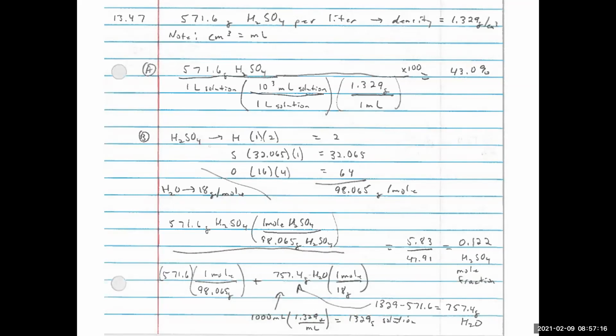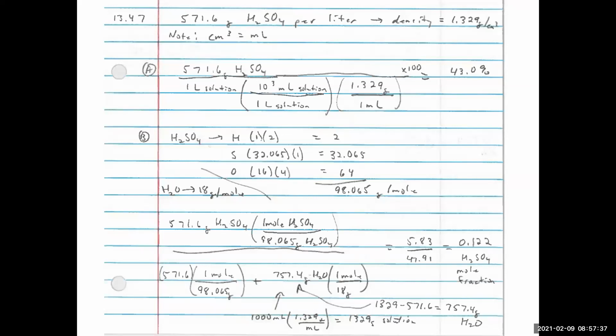Okay, in part B, we want to calculate a mole fraction. Here, since we're going to be working in moles, we're going to need to know the molecular weight for sulfuric acid and for water.